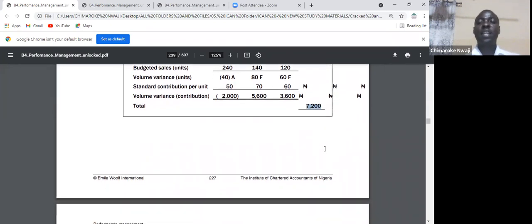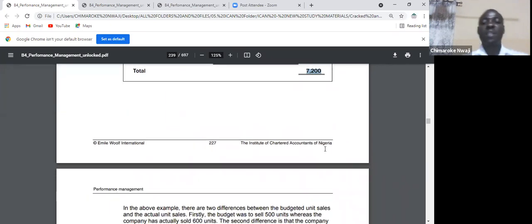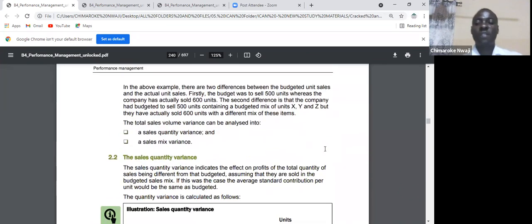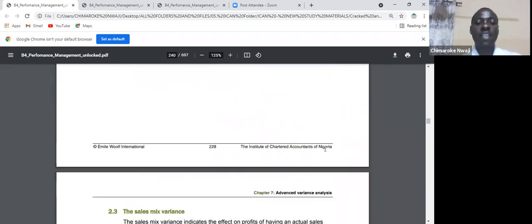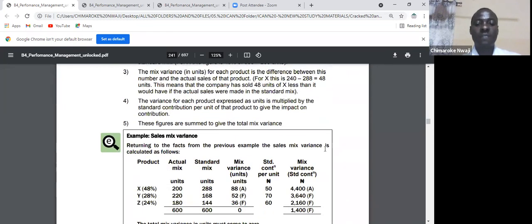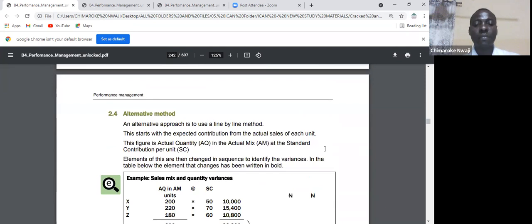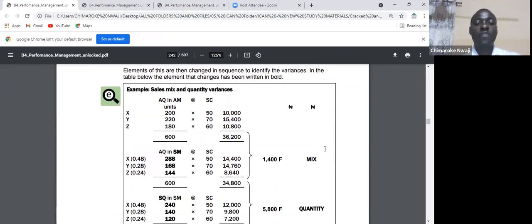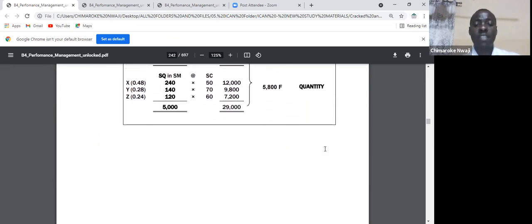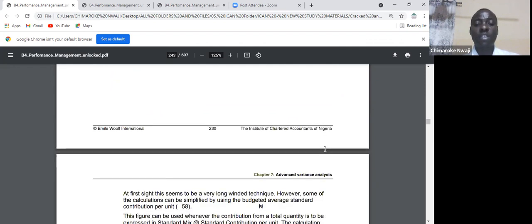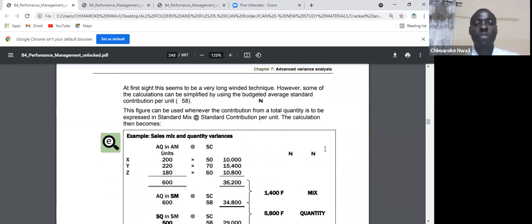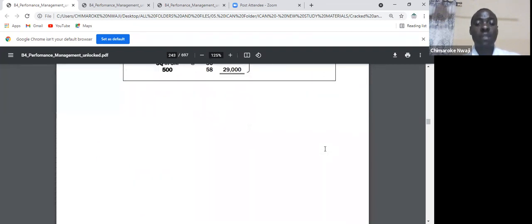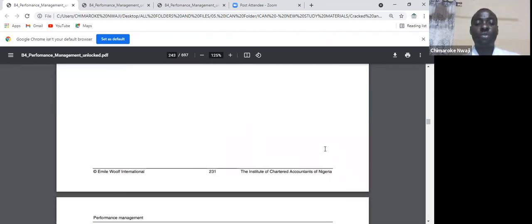So you see here that you have now split your sales volume variance into quantity variance and mix variance. Of course, there's an alternative method, but I believe that this common sense method is very, very important. So the common sense method is what I advise for you to use.